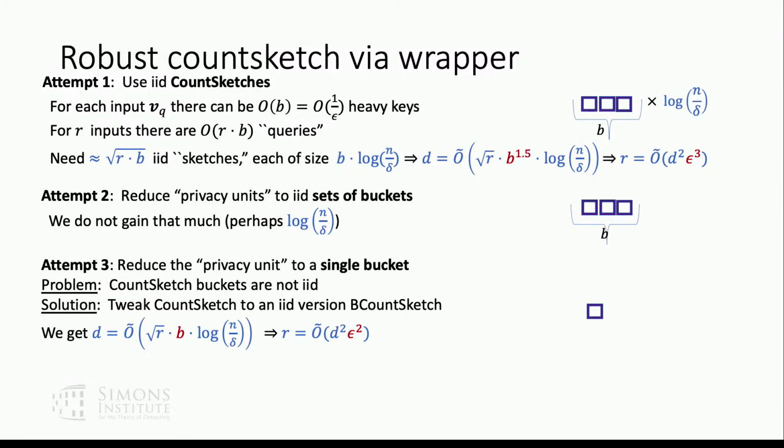So the idea is to just charge a single bucket. But the issue is that we can't fit it into that same framework, because these buckets are dependent. The buckets in each set are based on a random partition of all the keys, and the buckets in a random partition are not independent. The randomness is not drawn independently from the same distribution.